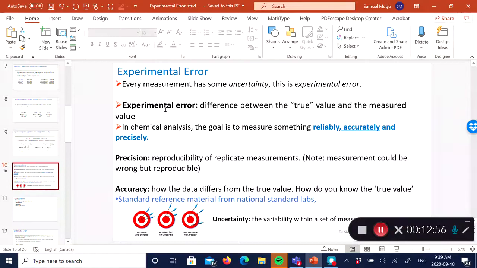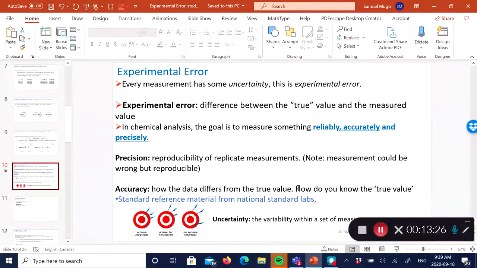In chemical analysis, the goal is to measure a sample reliably, accurately, and precisely. What's precision? Precision is how well the data distributes around the mean. It's how replicable your data really is. Accuracy, on the other hand, is how close your data is to the true value.